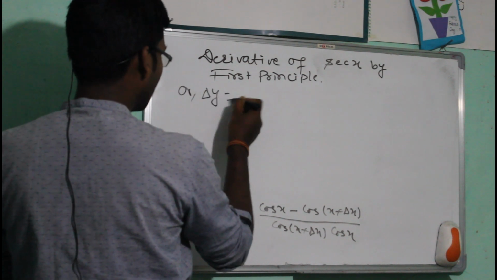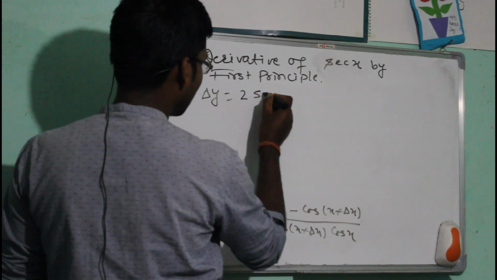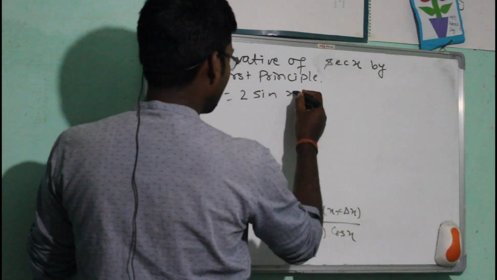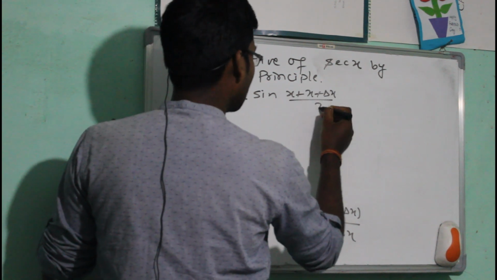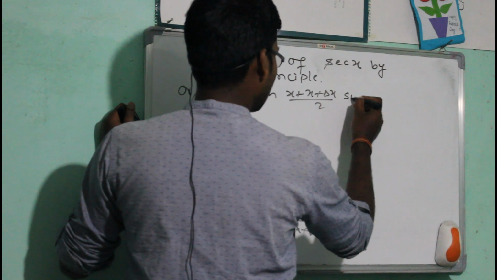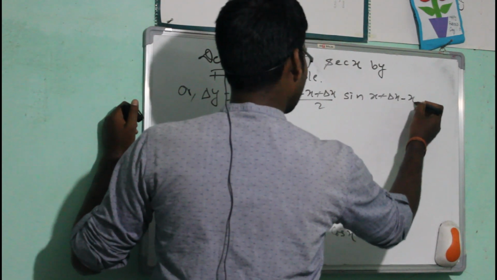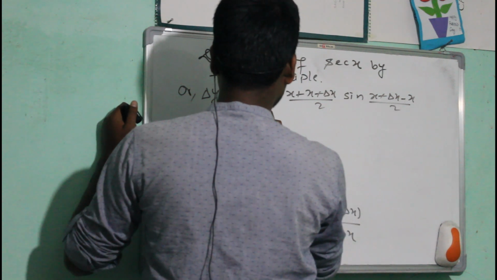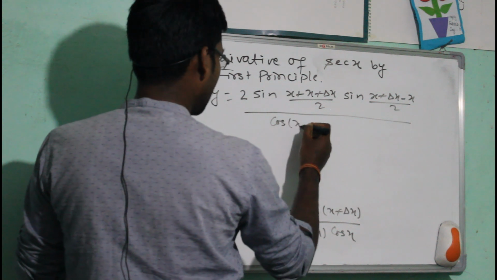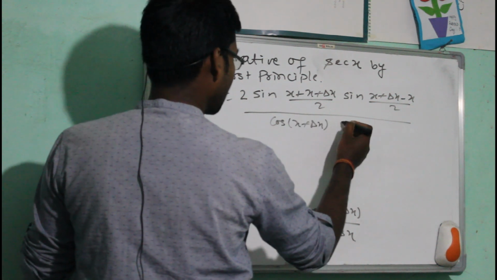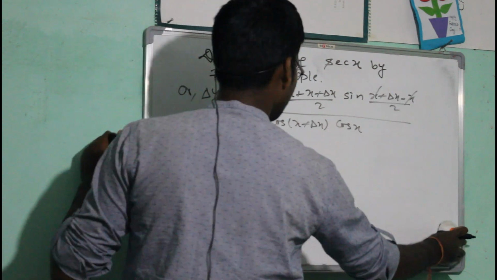Delta y equals, by the cos C minus cos D formula, simply 2 sine of (C plus D) by 2, and sine of (D minus C) by 2, over cos(x plus delta x) times cos x, and if we simplify, this x and x cancel, so what is the remaining?